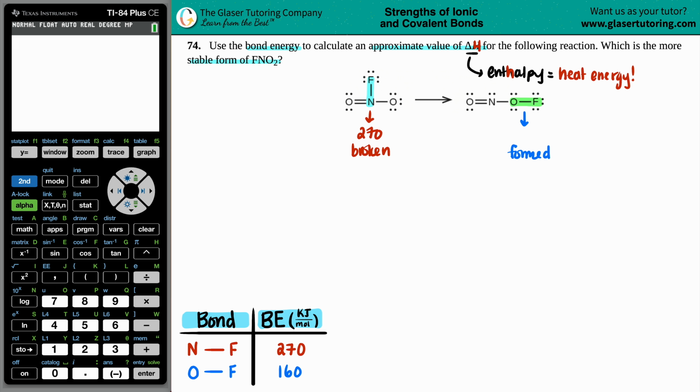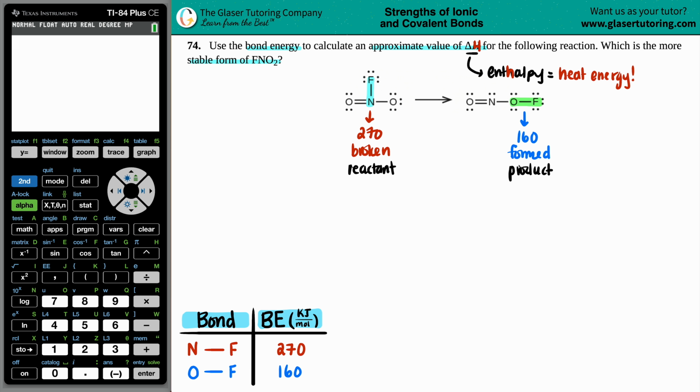So just know that whenever you break a bond, that's always the reactant side, and whatever you form, that's obviously on the product side. So I had to go get that bond energy. O single bond to F is about 160 kilojoules per mole.